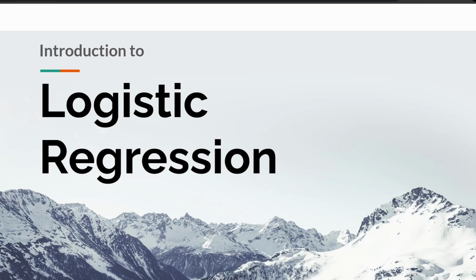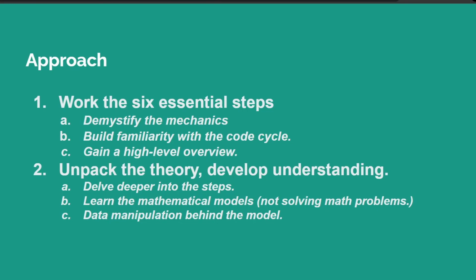And so this video series is going to unpack all of it and hopefully let you walk away with a full fingertip feel for using logistic regression and being a great analyst, being a great data scientist who can apply these to different situations. So how we're going to approach this is, one, we're going to work the 6 essential steps.